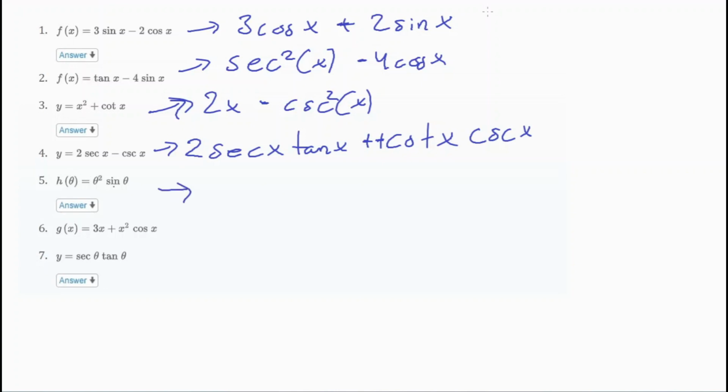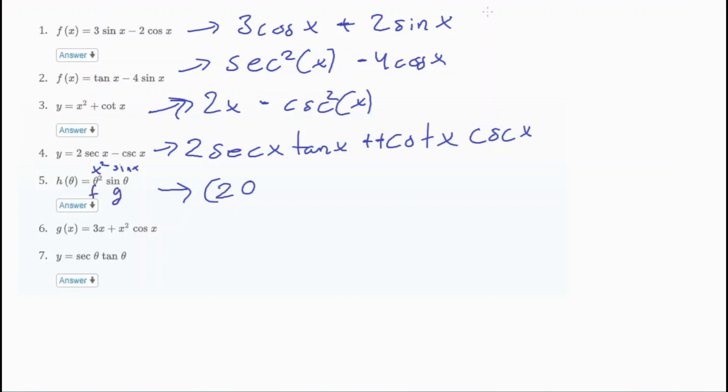And then for number 5, we have theta squared times sine theta. Just for visualization purposes, sometimes you could write theta as a variable like x squared multiplied by sine x, but we could leave it as theta. So for this, we have to use the product rule because they're being multiplied. We have f, which is theta squared, and g, which is sine theta.